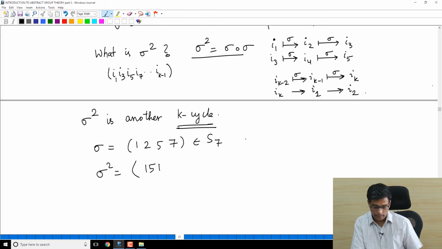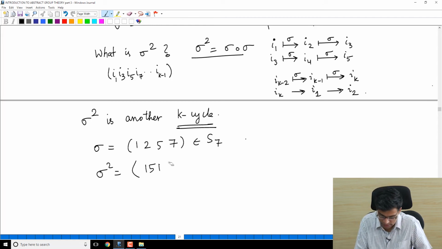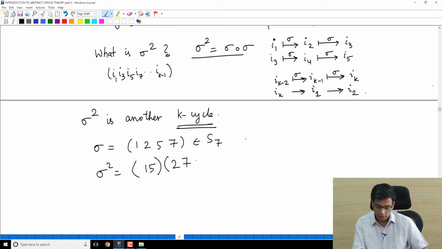So this is (1 2 5 7). 1 goes to 2, 2 goes to 5, 5 goes to 7, and 7 goes to 1. So 5 actually goes to 1. 2 goes to 5, and 5 goes to 7, so 2 goes to 7. 7 goes to 1, and 1 goes to 2.